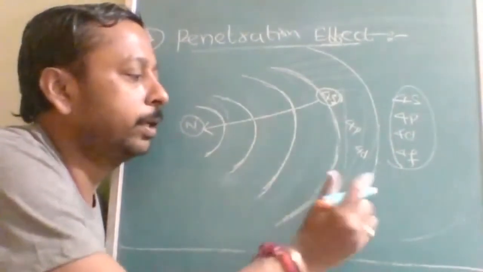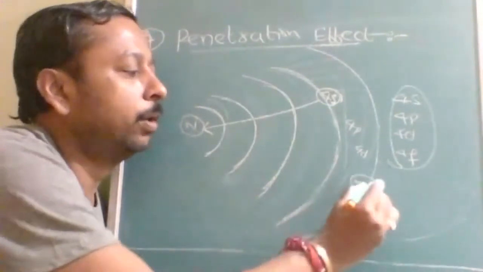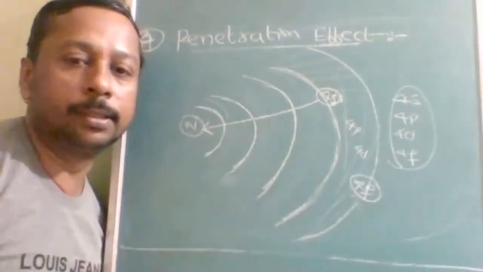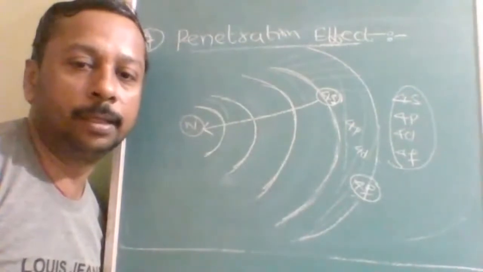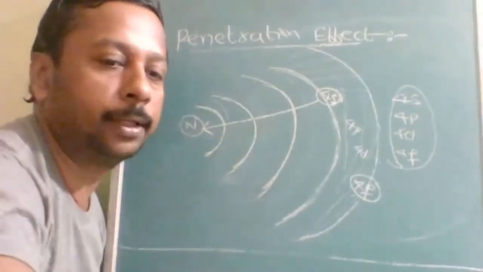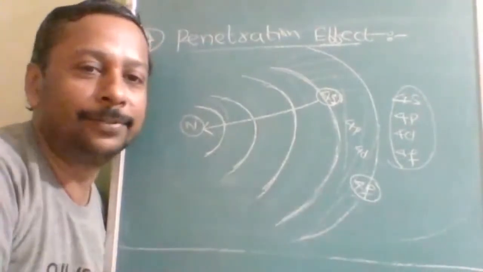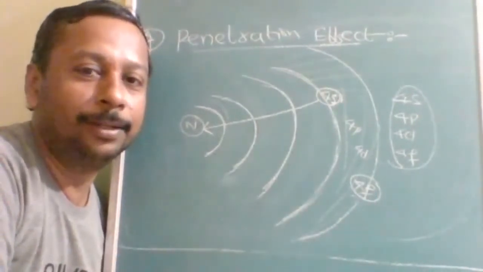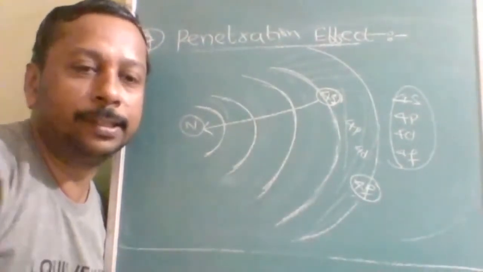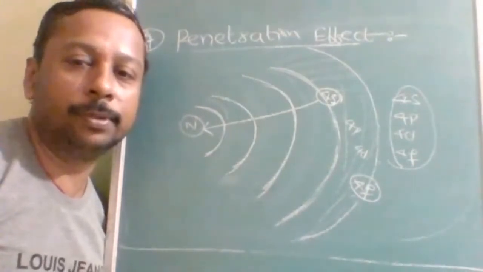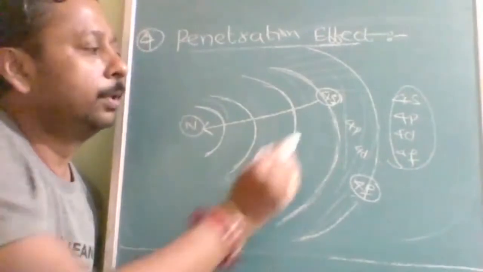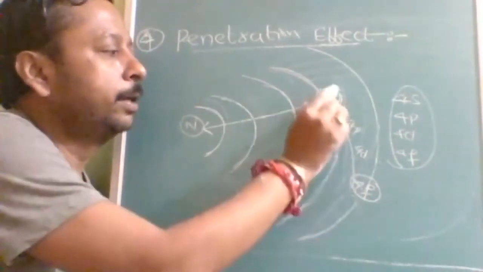Whenever it gets a chance, it wants to go out from the system itself. So because of that, it is a failure. F stands for what? Failure. Okay. So 4s stands for sincere and successful. Okay. So this is what is called the penetration effect.